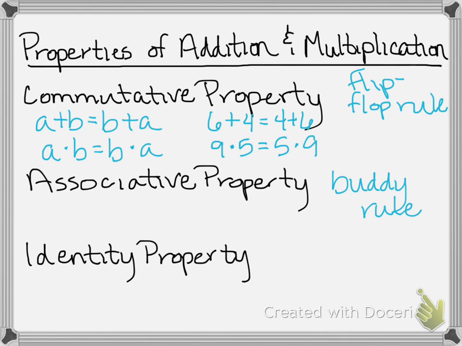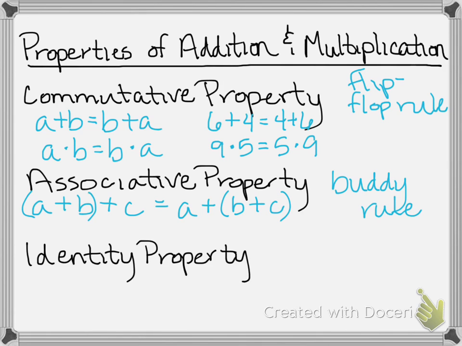And the associative property says that you can change the grouping of the values when you're adding or multiplying, and it does not change the sum or the product. So the associative property has to do with parentheses. So we can group numbers in any order. So, for example, if we had (A plus B) plus C, with A plus B in parentheses, we can move those parentheses, and this would be the same thing as A plus (B plus C).